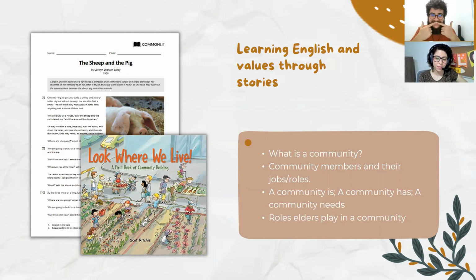The rabbit has sharp teeth, so he can gnaw pegs. According to the physical aspect of the animal, they can help in some way in order for them to build their own community.